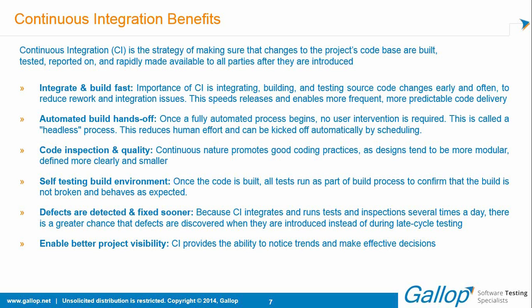Integrate and build fast is one criterion of continuous integration. Then have the automated build hands off, where the whole end-to-end process, which includes both the SDLC and STLC, has to be completely automated and should run unattended. And then code inspection and quality.